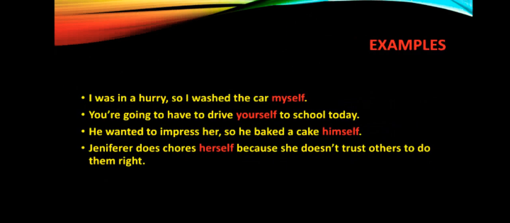Now these are the examples. Remember the first point in the previous slide, that the antecedent is mentioned within the same clause, and it is directly affected by the use of the reflexive pronoun. I was in a hurry, so I washed the car myself. I washed the car myself.